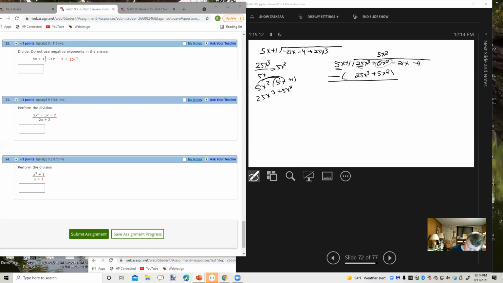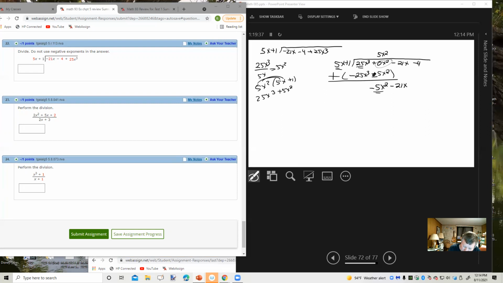We're going to subtract that from what's up above. We'll distribute, changing it to addition of the opposite. 25x cubed plus negative 25x cubed is 0. 0x squared plus negative 5x squared is negative 5x squared. And we'll bring down the next term.